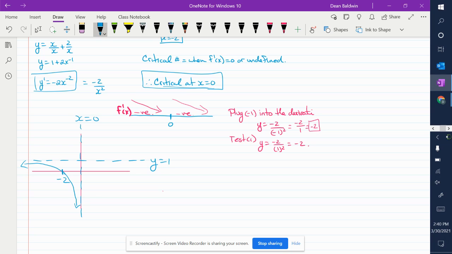Now, let's do the second bit. We're still going down. So how am I going to draw the graph from 0 to infinity on this side? Where's it going to be? It has to be decreasing, so you can't go like this. So if you start up here, the graph is still decreasing, right?